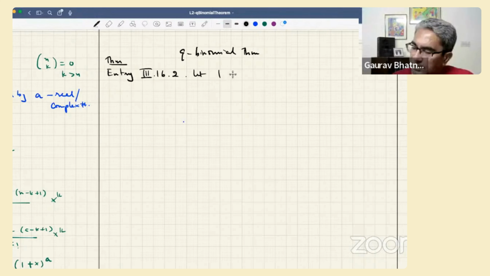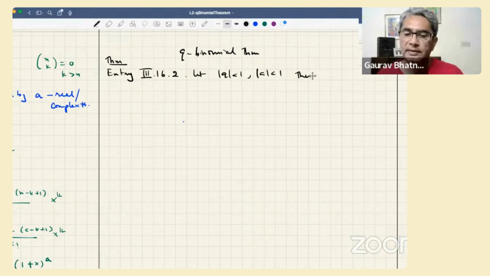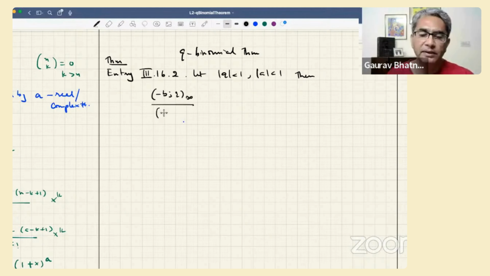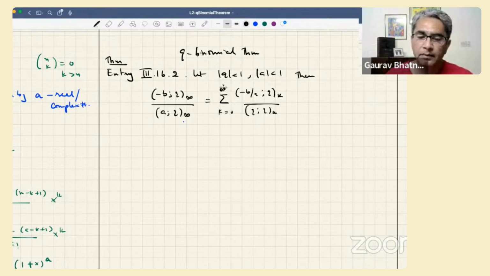Let the absolute value of q be less than 1 and the absolute value of a less than 1, then the sum equals minus b q infinity over a q infinity. This is how it's stated in Bruce Berndt's book and by Ramanujan. I mean, Ramanujan didn't use the q rising factorial notation, but he had it like this: a raised to k.